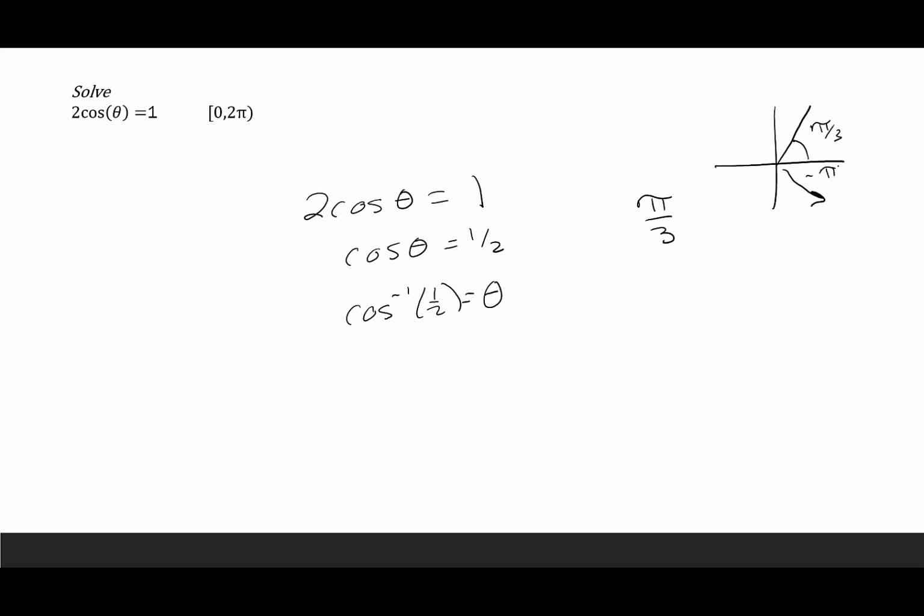And if you want to say this is negative pi over 3, that's fine, because then you could do 2 pi minus pi over 3. Like if that makes you happy to do it that way, that works for me too. And this would be 5 pi over 3. It's kind of like how you do math and what you remember about the unit circle as to how you're going to approach this. So here's your 2 solutions, pi over 3 and 5 pi over 3.